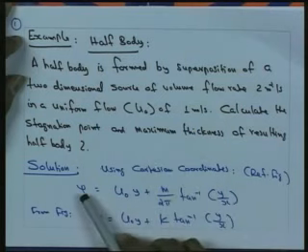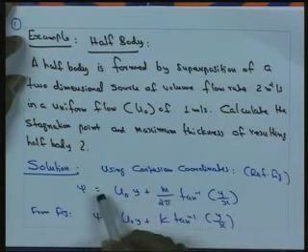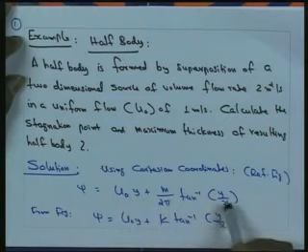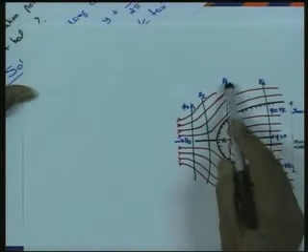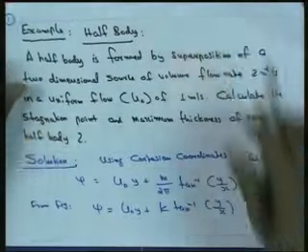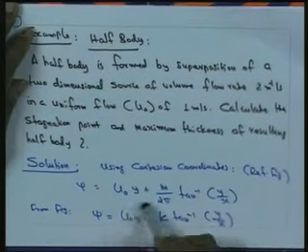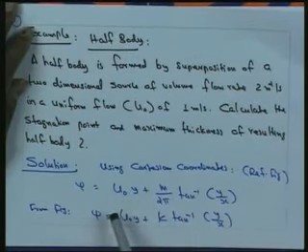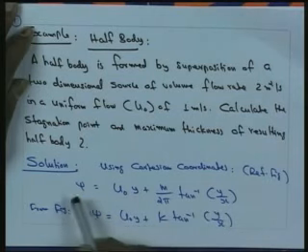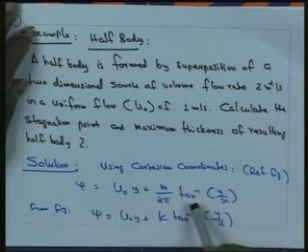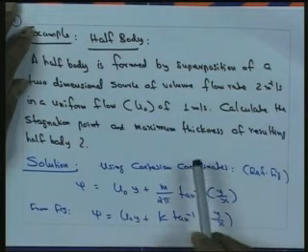The stream function can be written as psi is equal to u0 y plus m by 2 pi tan inverse y by x. Here y and x are already defined, m is the strength of the source, and u0 is the uniform flow velocity. The stream function is obtained by superposing the stream function for the uniform flow and the stream function for the source.